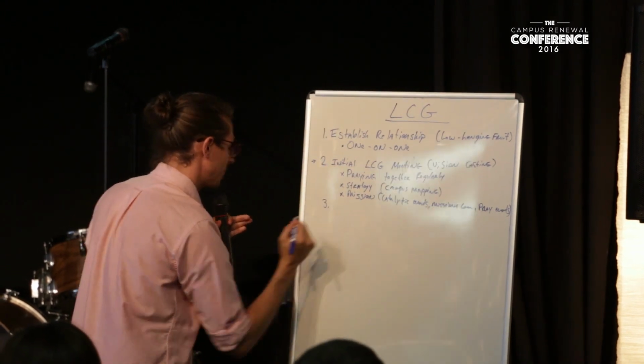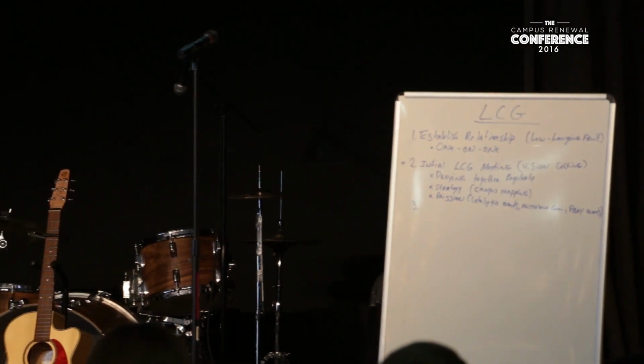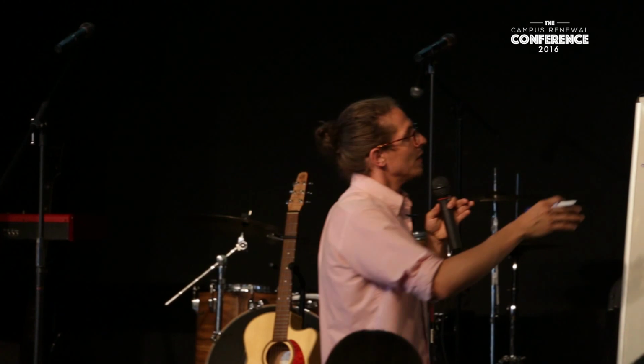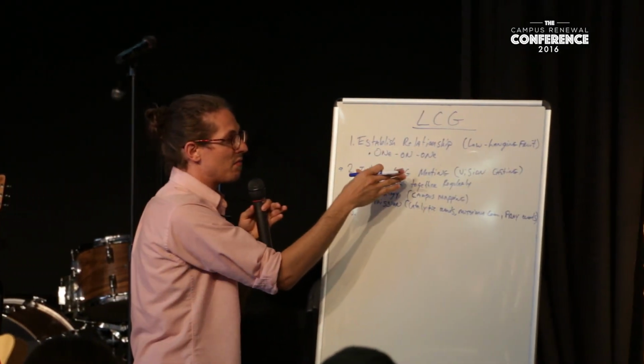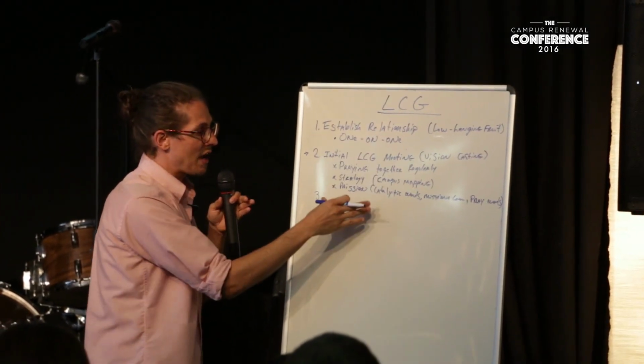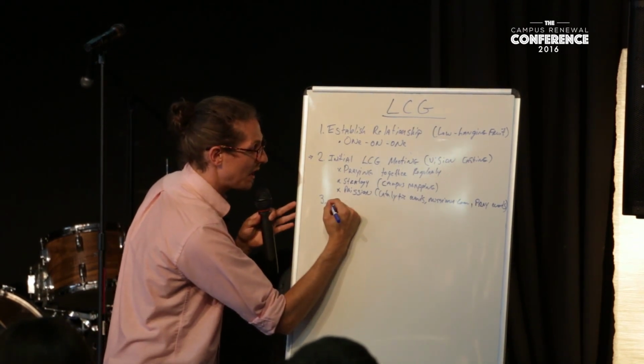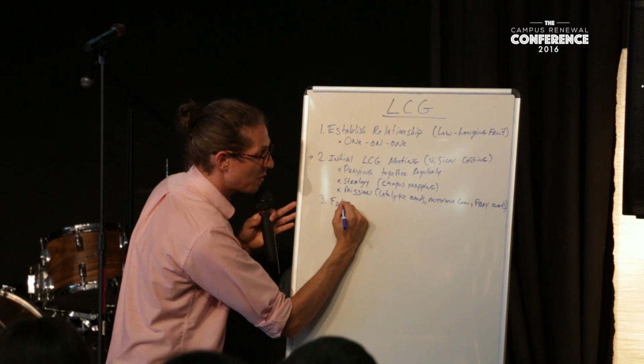All right, we're going to move on. So you met with a bunch of people one-on-one. You invited them to an initial gathering where you cast the vision, and then you follow up. You have one-on-one follow-ups.